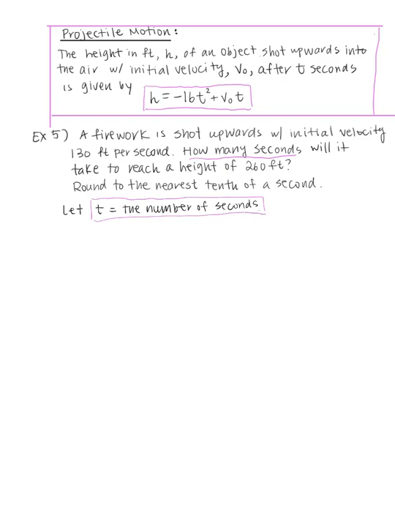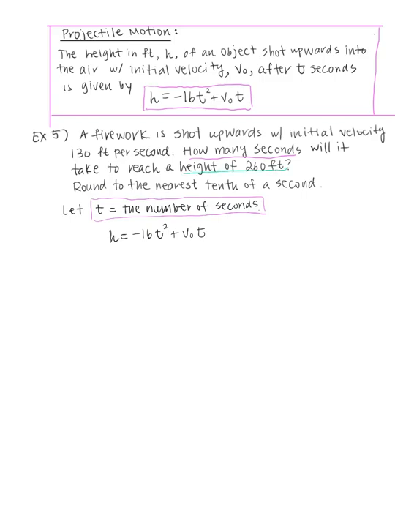Alright, now let's digest the problem. Let's first write down the formula for the projectile motion. So h equals negative 16 t squared plus v sub 0 times t. Now, what else are we given? Well, the height of 260 feet.